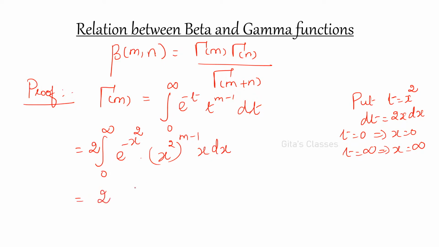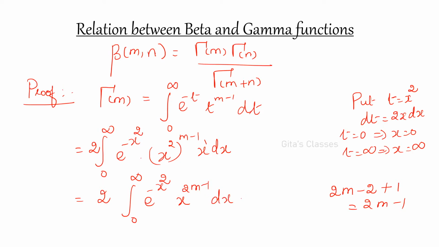So this is 2 times the integral from 0 to infinity of e power minus x squared into x power 2 into m minus 1, that is 2m minus 2, plus 1 for the extra x, so x power 2m minus 1 dx. What is this? Gamma of m. And x is a dummy variable; you can write any variable in that place.